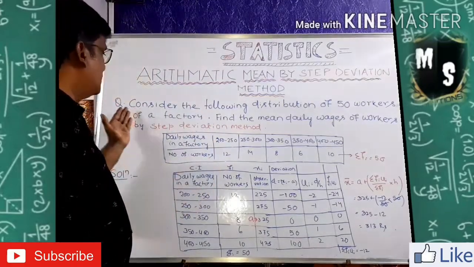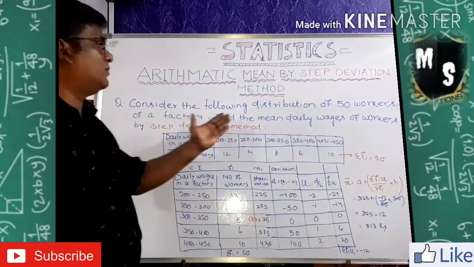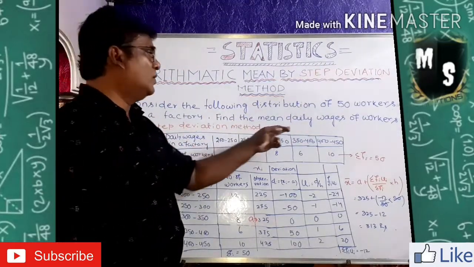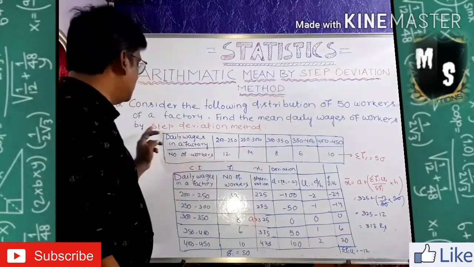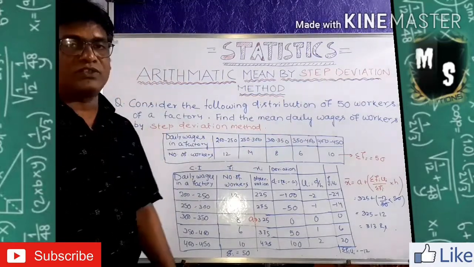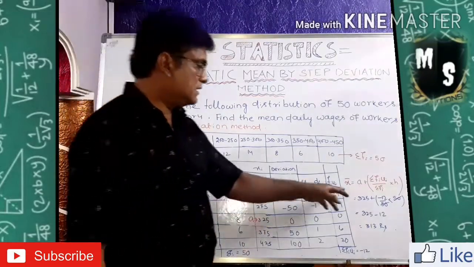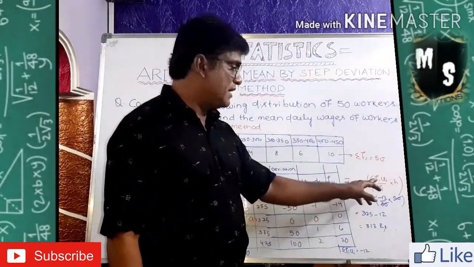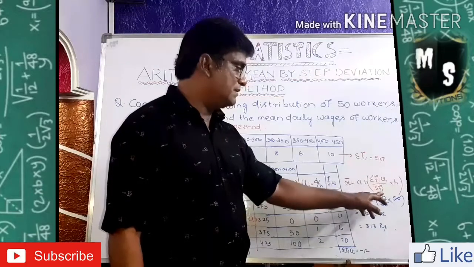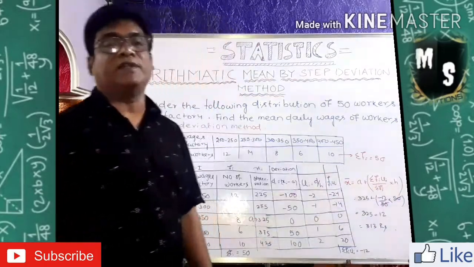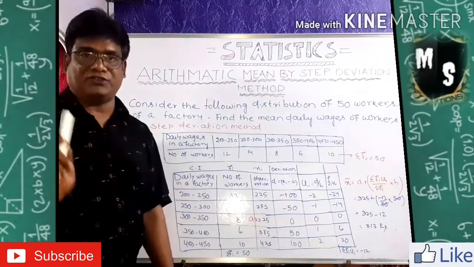Same question: consider the following distribution of 50 workers of a factory and find the daily wages of the workers by the step deviation method. The step deviation formula we have to know: x mean equals A plus sigma fi ui by sigma fi into h. Here an extra thing is coming, that is ui and h.